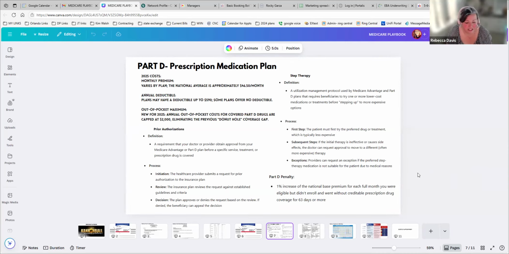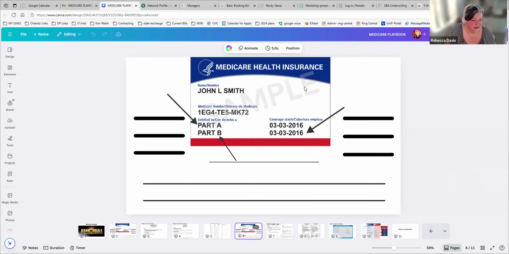Now, another fun fact to know, you have 63 days before the clock starts counting. And remember how we said the Part A and B effective dates could be the same or different?